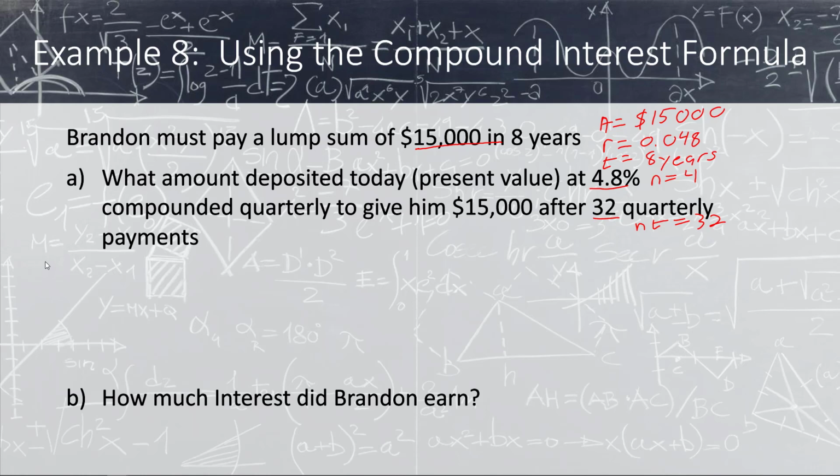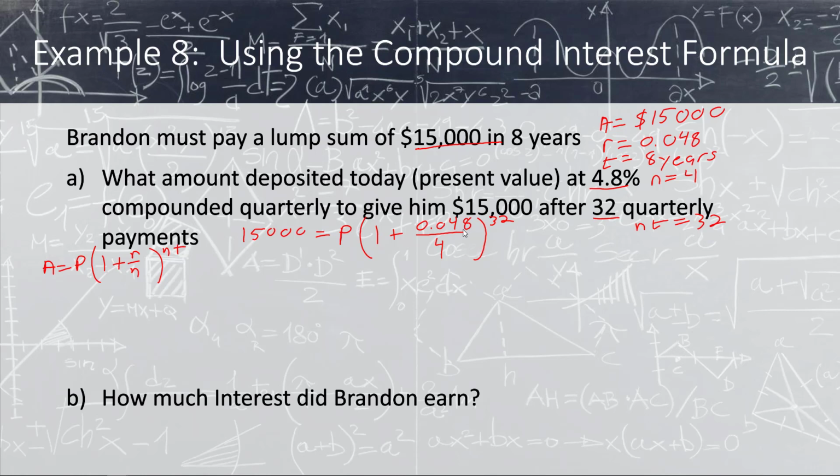So our formula is A equals P times the quantity 1 plus r over n, raised to the nt power. We can go ahead and do our substitutions. We know that A is $15,000. That's going to be equal to P, which we don't know yet, times 1 plus our interest rate, 0.048, divided by the number of payments, 4 per year, all raised to the 32nd power.